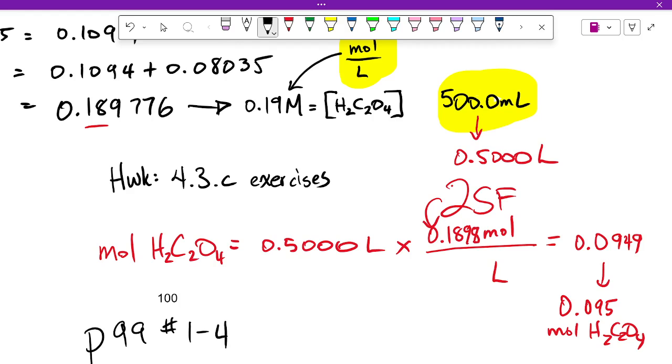And then page 102, 103. So that's 6 questions altogether. I know that sounds like a lot, but there's only 2 questions on page 102, 103. There you go.